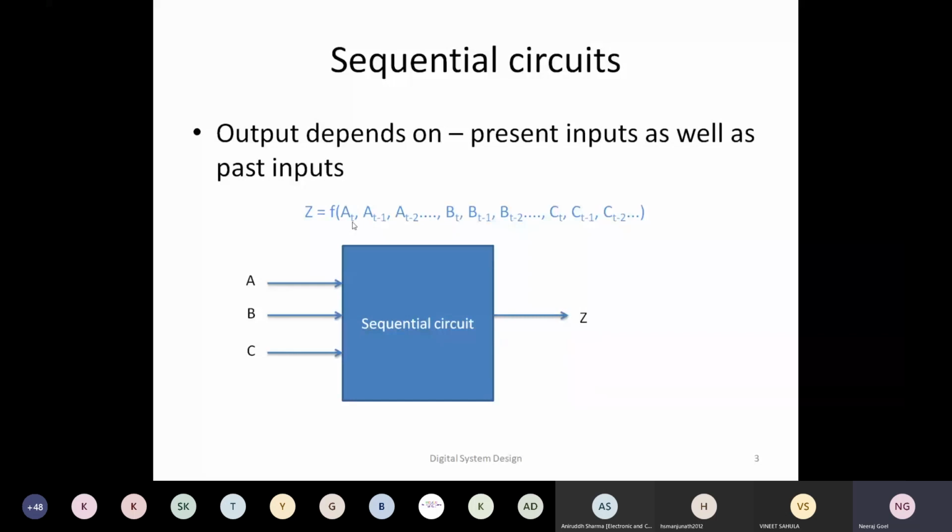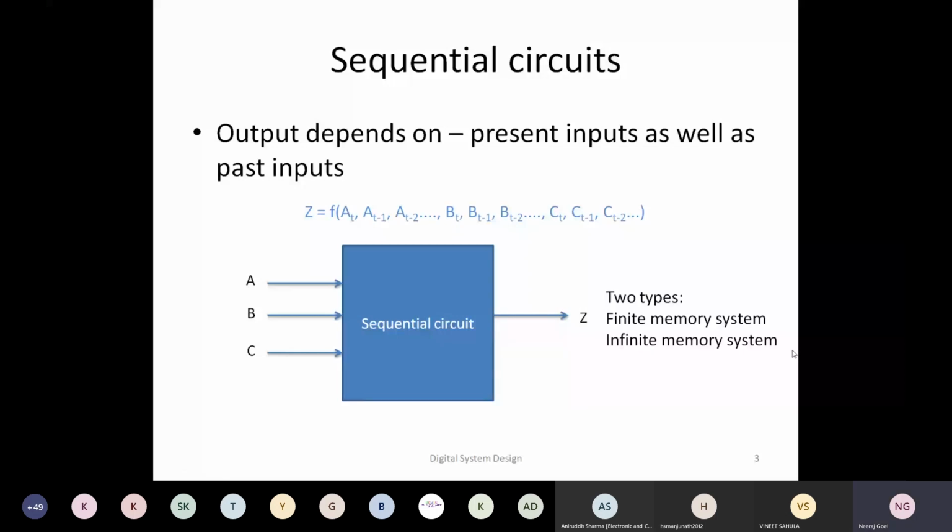Now this raises a lot of questions also: how many past inputs? Based on that, we classify the sequential circuit into two types: finite memory system and infinite memory system. In an infinite memory system, the output depends on all the past inputs starting from time 0.